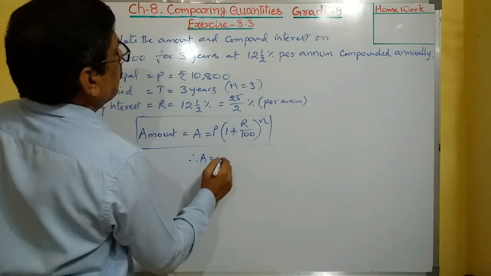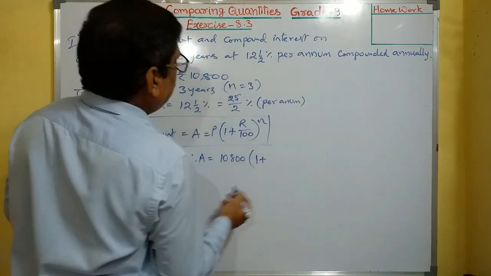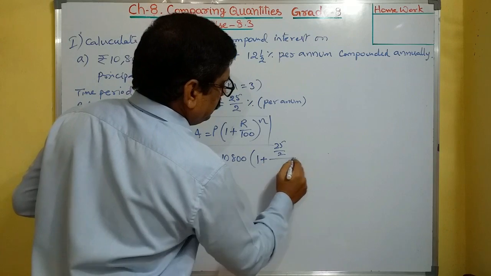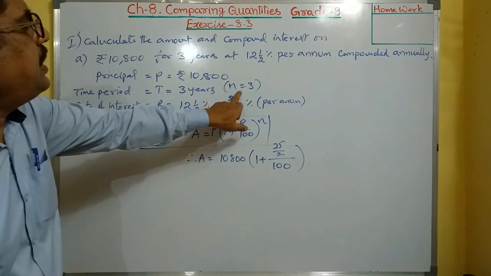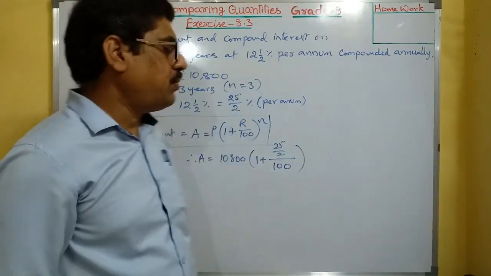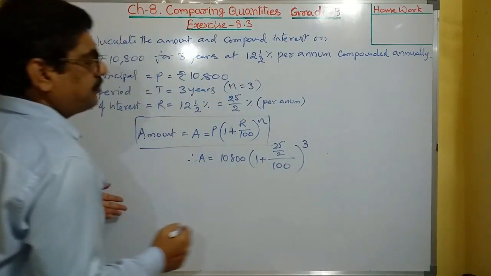A is equal to P value 10,800 into 1 plus R value 25/2 by 100, whole to the power of n. Here n is nothing but t, because it is compounded annually, so in the place of n we can write the t value.